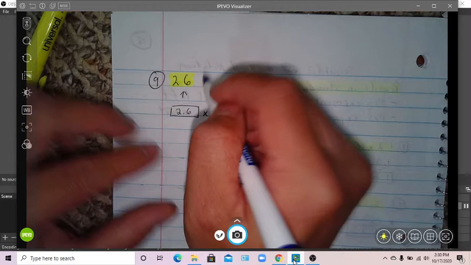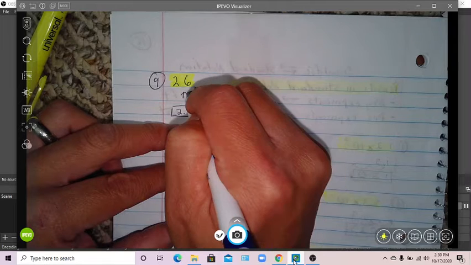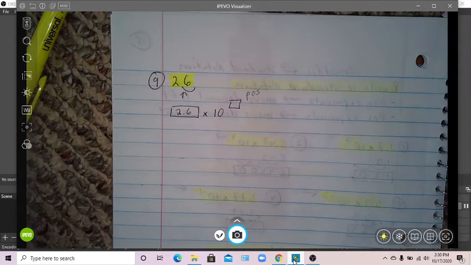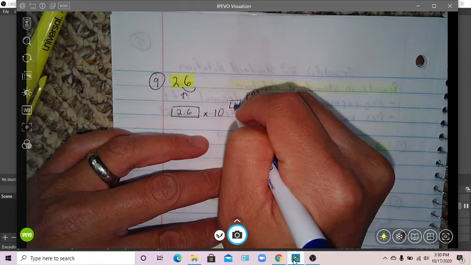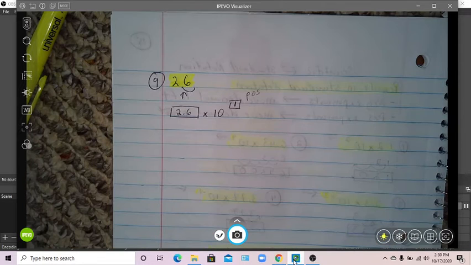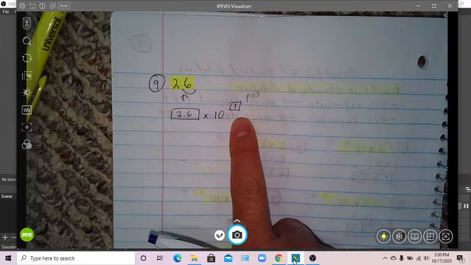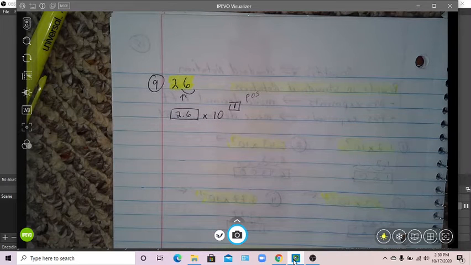It started at the end, and I moved it to the left one time. So it's 2.6 times 10 to the 1. 26 is the same as 2.6 times 10 to the 1. 2.6 times 10 is 26. Alright, let's do another one, number 10.